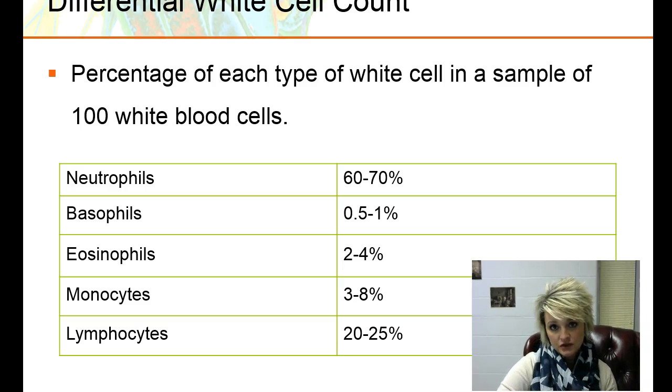If I have a patient who comes in and their neutrophil count is the only thing elevated, automatically I know two things. Number one, it's most likely bacterial, because neutrophils have the nickname of being our bacteria slayers. And number two, this is a very early infection.